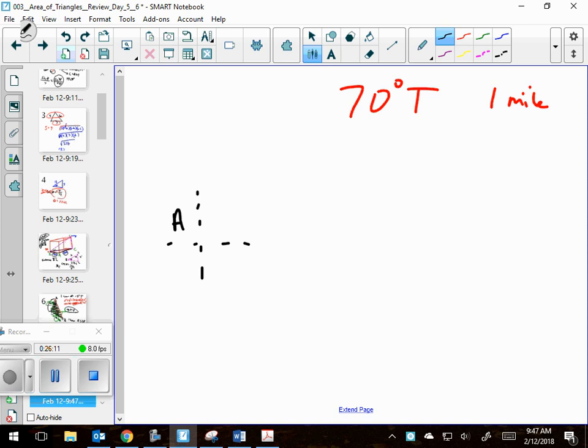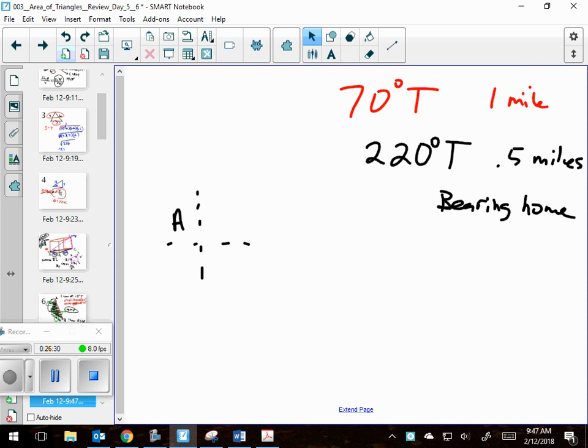And then we're going to go 220 degrees true for 0.5 miles. What is the bearing? Home.